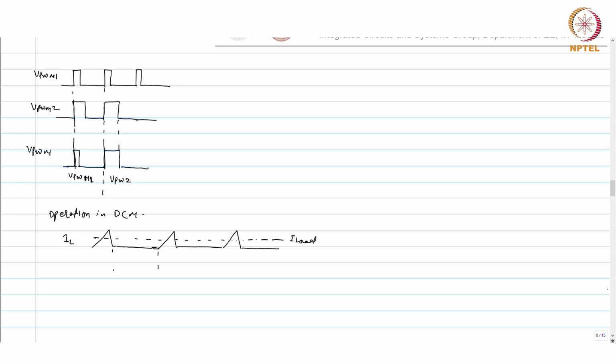So I can do it like this and make this one high, load 1. Just shifting it to make sure, because they could be different also, not the same.